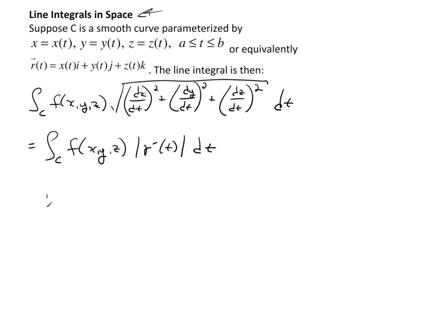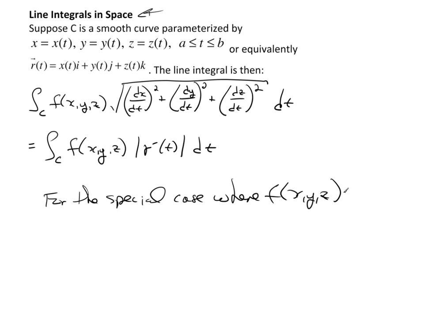Likewise here, for the special case where f of x, y, z is equal to 1, what we end up with is the integral over the curve of 1 times the magnitude of r prime of t dt, which is equal to the integral over the curve of the square root of, well, all of this.